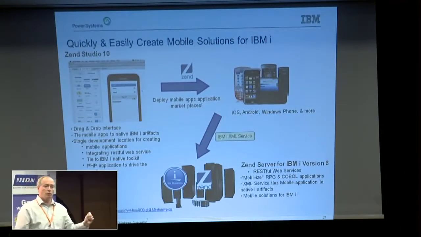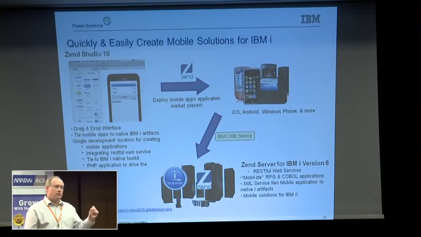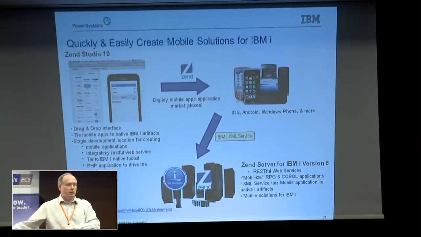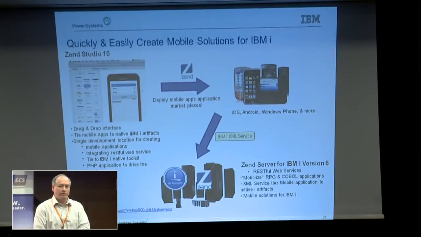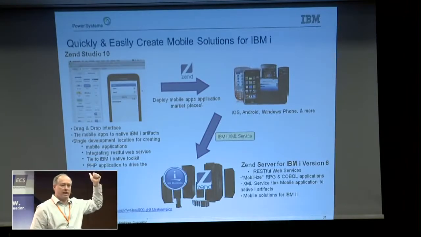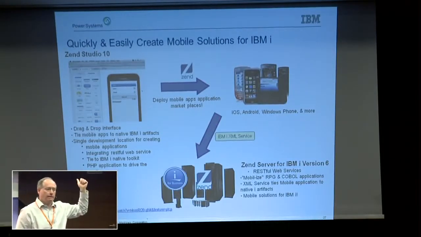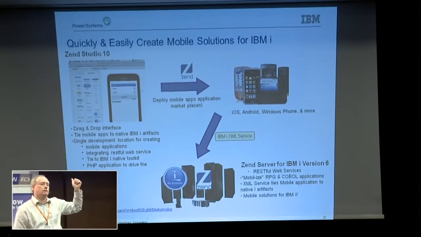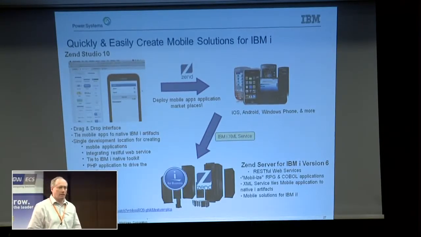If I need to do mobile, with our Zend Server 6, Zend Studio 10 support, Zend is our PHP partner, you can create your own mobile applications that will access your backend RPG or database. You can do that today. You have a license to this because you have IBM i. So you can do mobile support today on i. You have the capability.